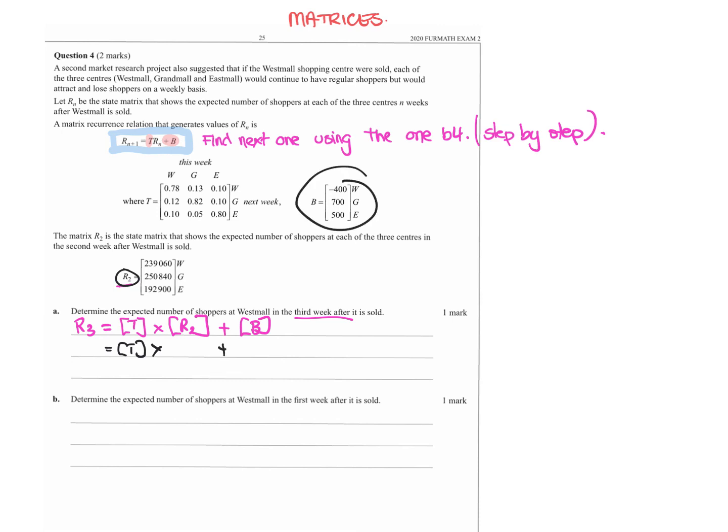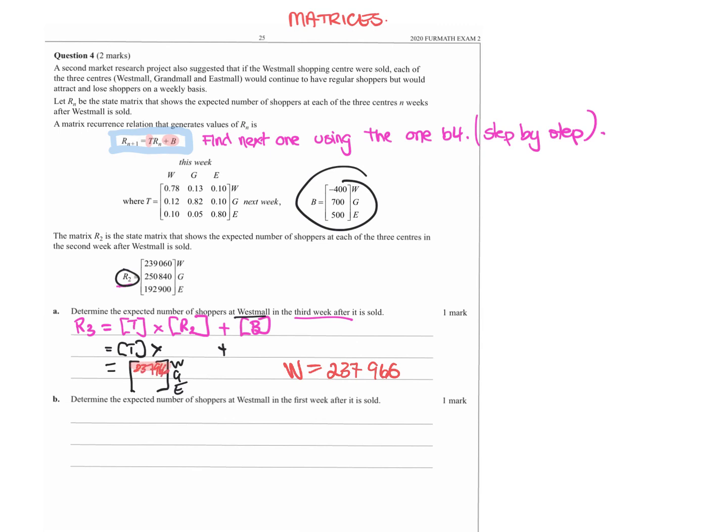You just type it all out on your calculator, and they want what's in Westmall, so you'll get this 3 by 1 answer, and they want what's in Westmall. If we do that, for Westmall we get 237,966. That's what would be in that spot.